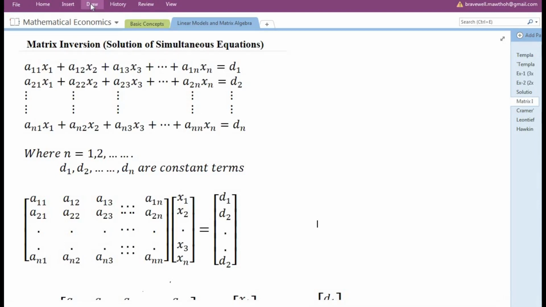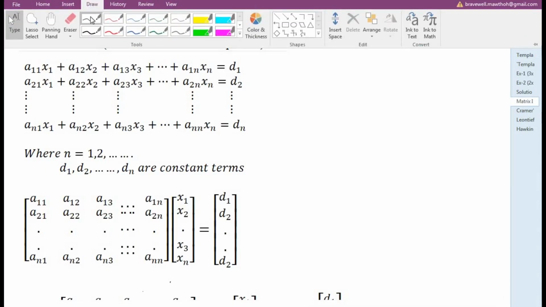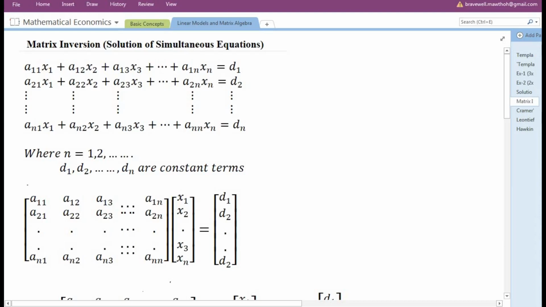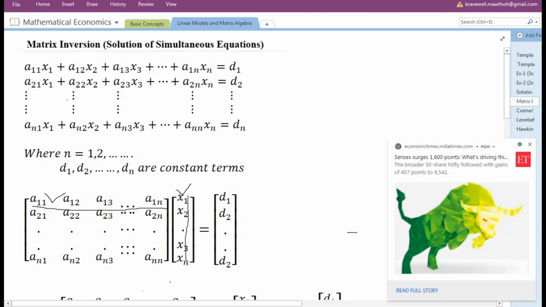Now if you remember multiplication of two matrices, then if you multiply the first row of the coefficient matrix with the first column, there's only one column, it is a vector, we will get this equation out here.